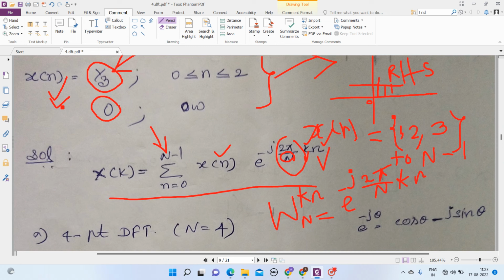So W is represented as e to the power of minus j 2 pi by N into kn. This is our DFT equation.